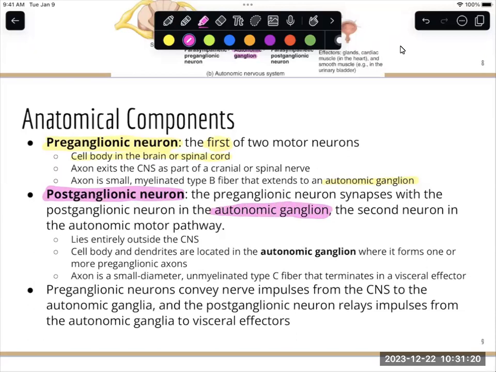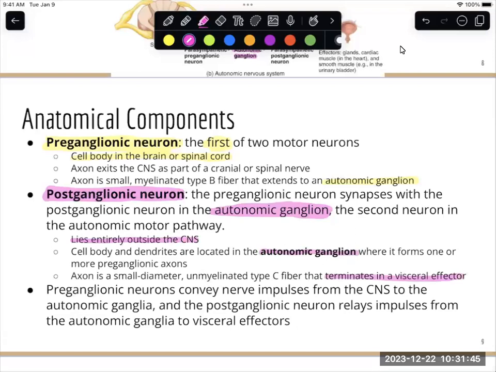So this postganglionic neuron, the entire neuron, cell body, and everything is outside of the central nervous system. Their cell bodies are in that autonomic ganglion, and they're going to terminate at their visceral effector tissue.